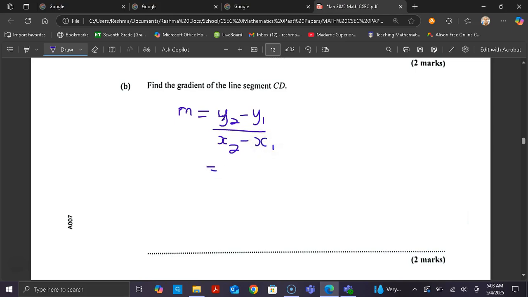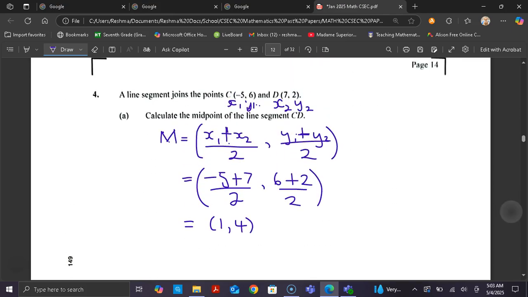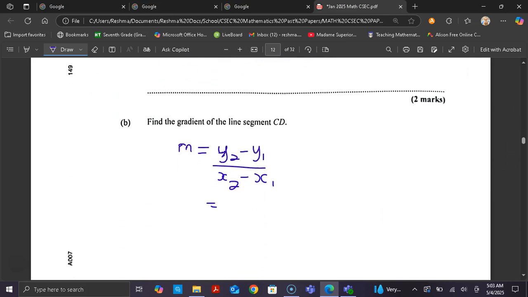So again, we're using our 2 points C and D. I'm just going to rewrite it here. C is (-5, 6), and D is (7, 2). And of course we're using C as x1, y1, and D as x2, y2.